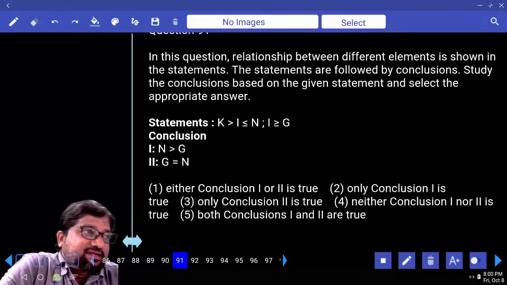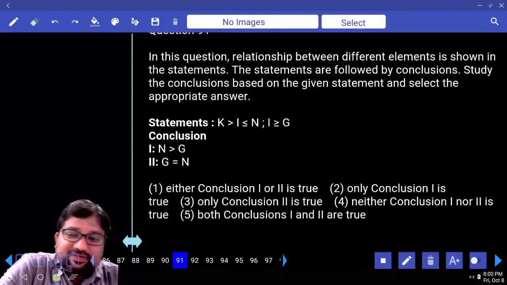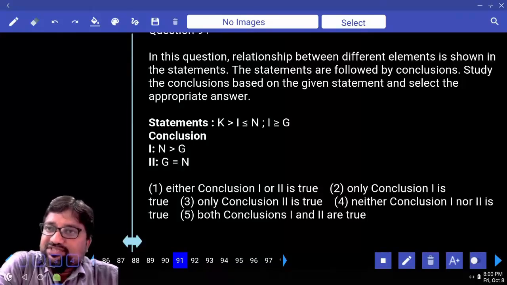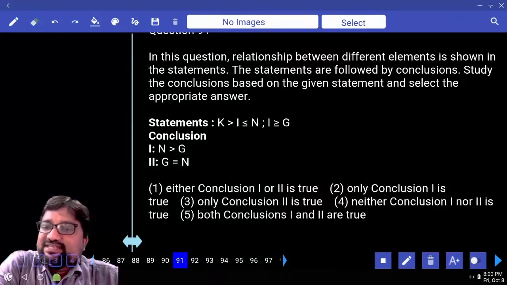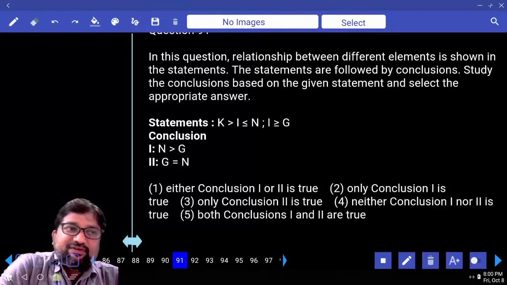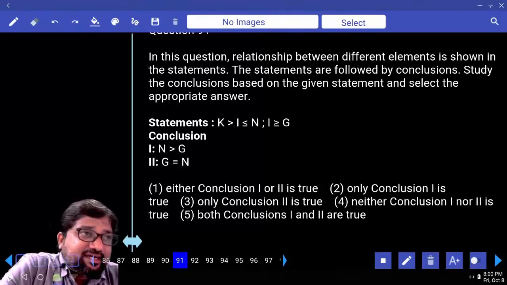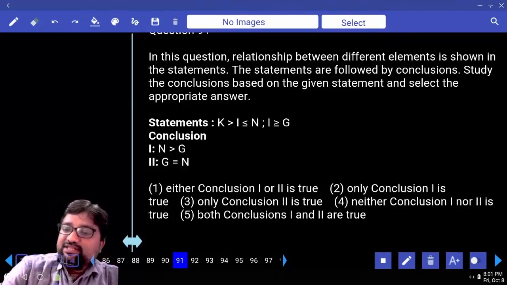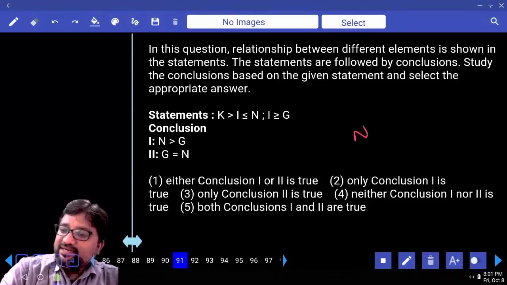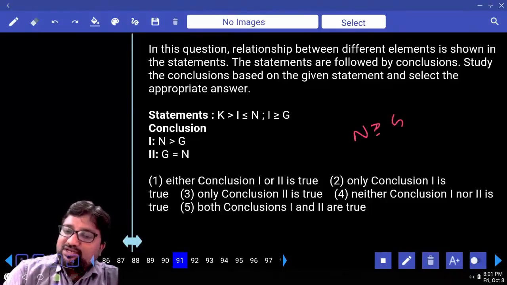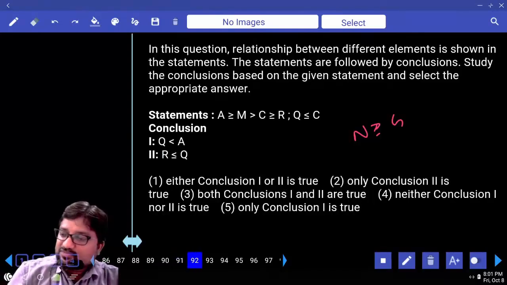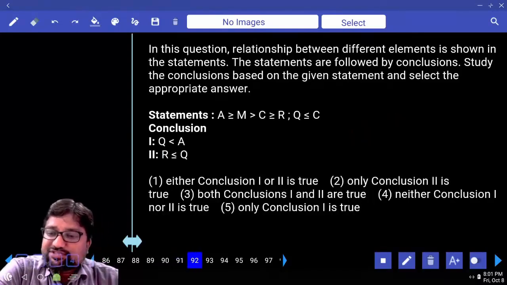N greater than or equals to I. I greater than or equals to G. N greater than or equals to I greater than or equals to G. Greater than or equal to, greater than or equal to. What is the conclusion? N greater than or equals to G. Now please tell me what will be the answer. Very good. Next.